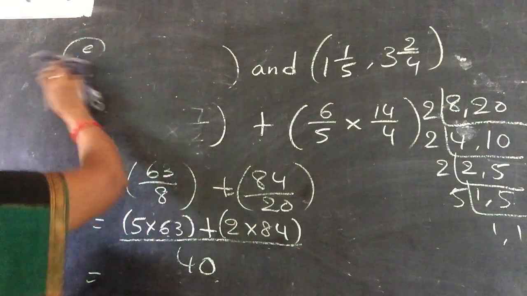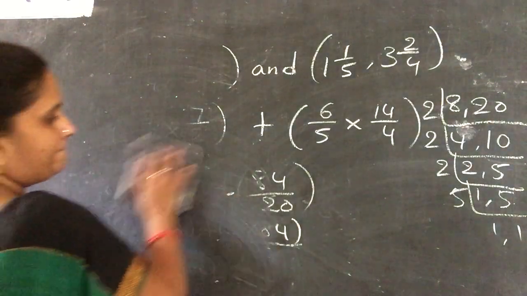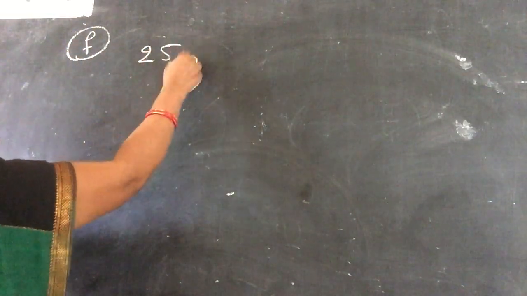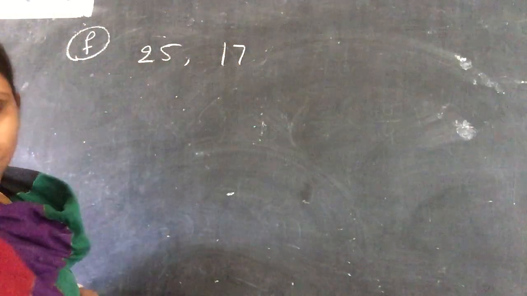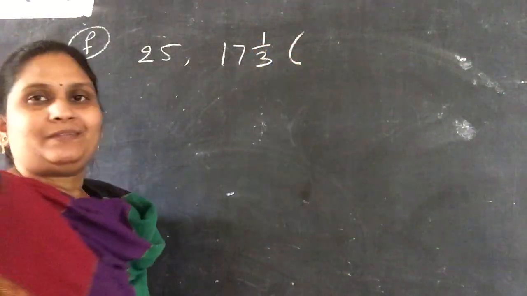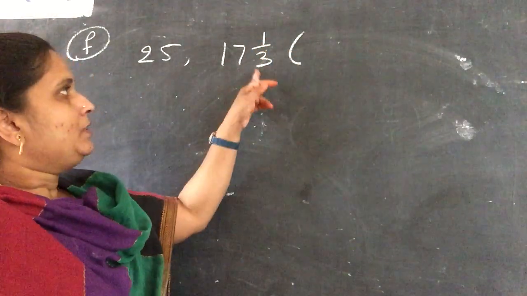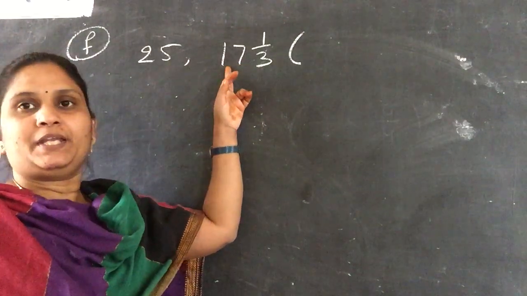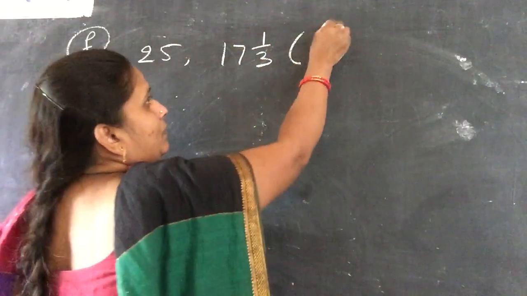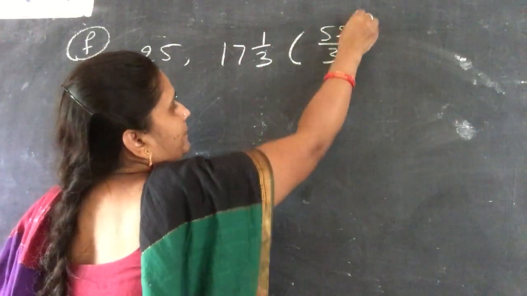Now listen carefully. F. And 17 1/3. 17 1/3 converted to the improper fraction. 3 into 17 you will be getting 51. 51 plus 1 is equal to 52/3.